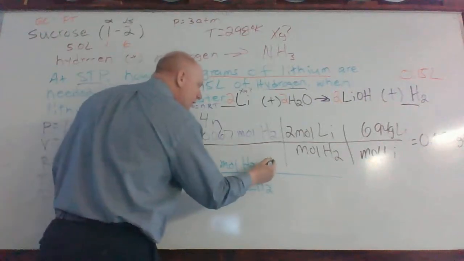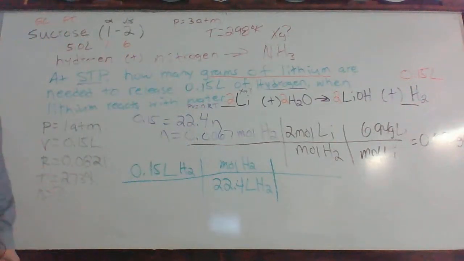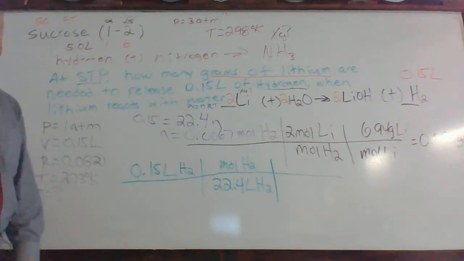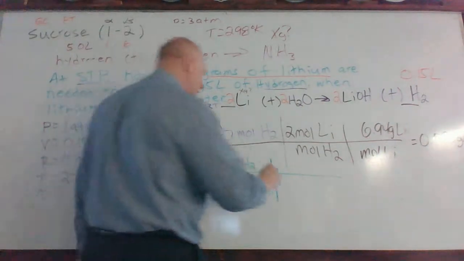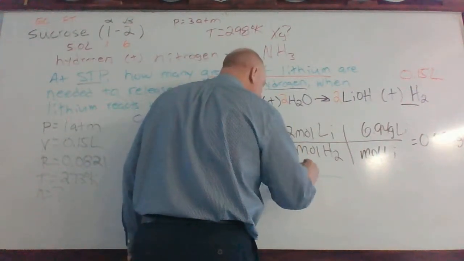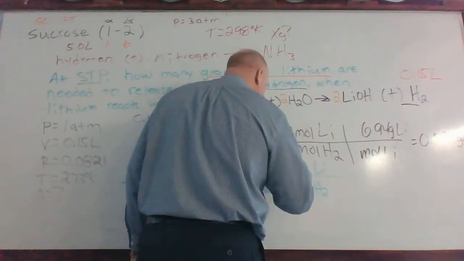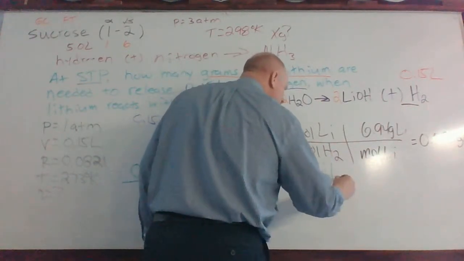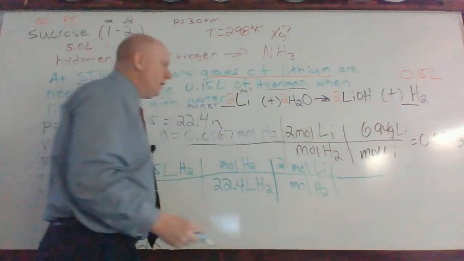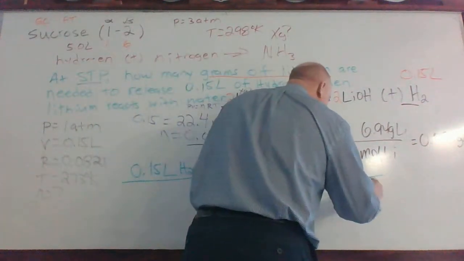Okay, so now we're in moles of hydrogen. What is our next step? So mole of hydrogen gives us moles of what? Okay. And then finally, we get rid of our mole of lithium and put one on top.